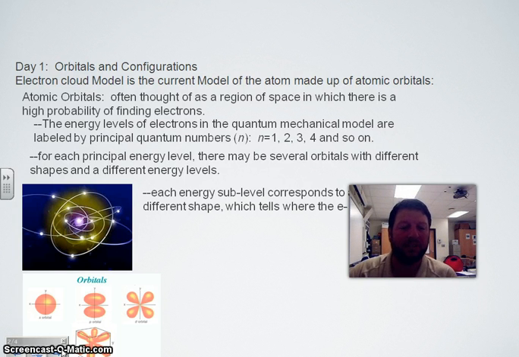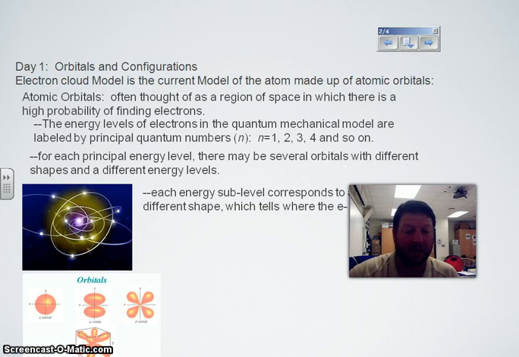Each energy sub-level corresponds to an orbital of a different shape, which tells where they're found. If you look below the picture at the orbitals, you will see the s orbital and its shape, the p orbital and its shape, the d orbital and its shape, and the f orbital and its irregular shape.